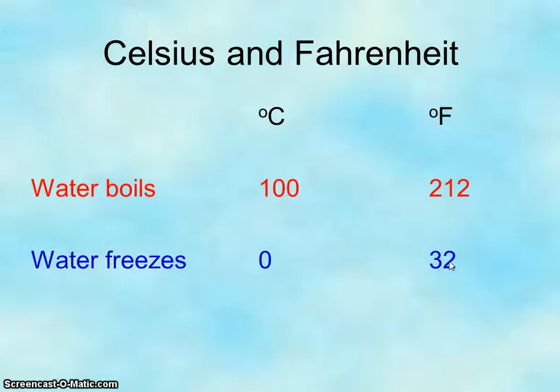Now, if you remember, we had talked before about how Fahrenheit was the original temperature scale, and people could not remember this 212. We remember the 32 because we use that in the wintertime. Is the bridge going to be icy or not? Well, we know because of the temperature. If it's 50 degrees, we don't usually have to worry about the bridge being icy.